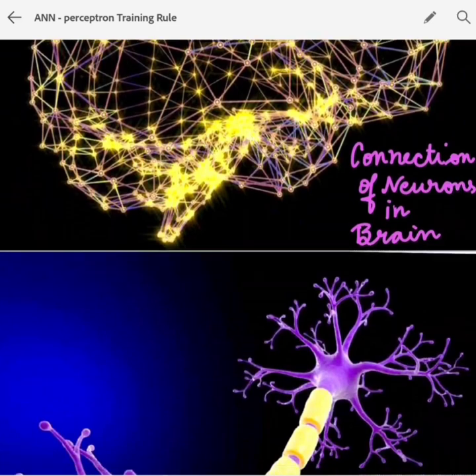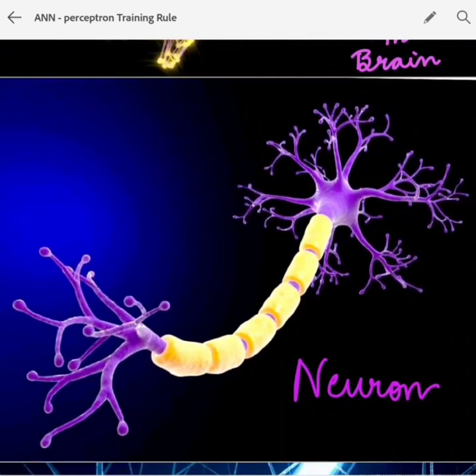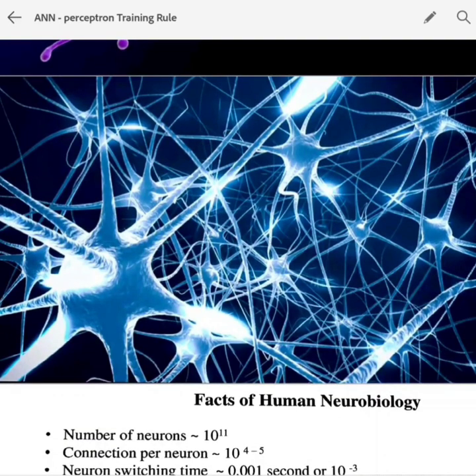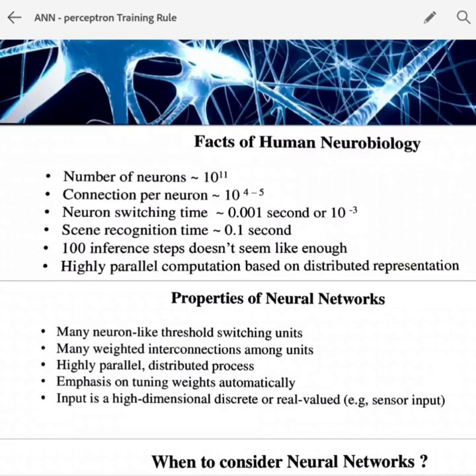This is how one neuron looks, and they are all connected to each other. Certain facts: the number of neurons in the human brain is 10 raised to power 11. Connections per neuron is 10 raised to power 4 or 5.